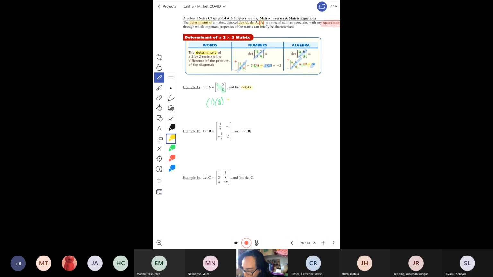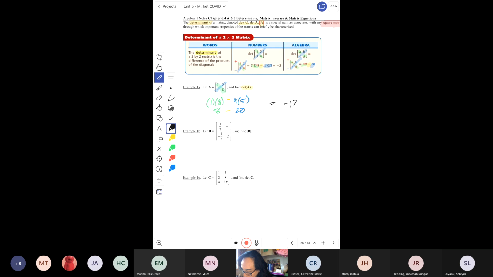And then you subtract the product of the numbers on the cross diagonal. So that would be 4 times 5. So that's 8 minus 20. So the determinant of A would be what? Negative 12. Okay, so we got it. Excellent. So that would be negative 12.